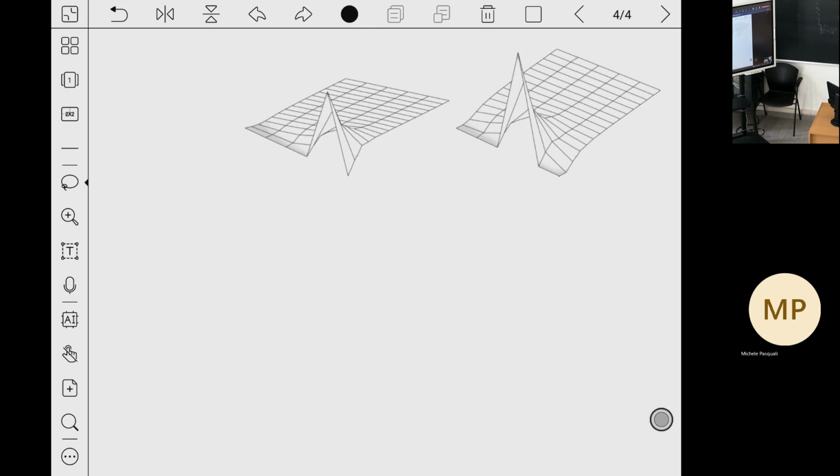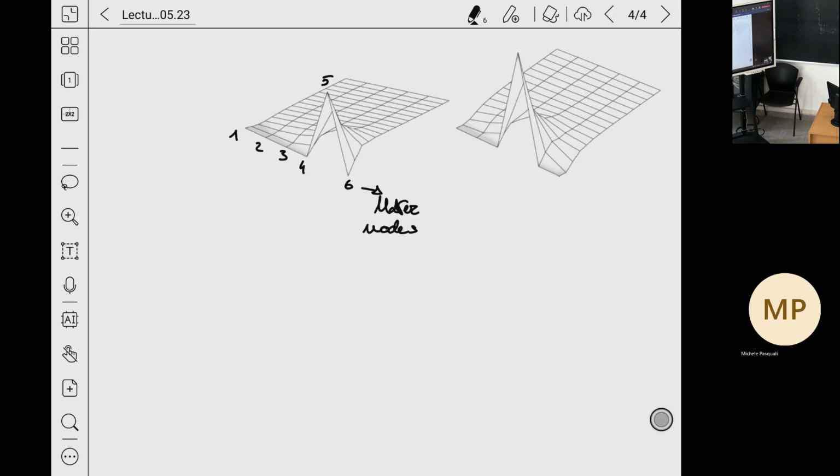So for example, here you have 1, 2, 3, 4, 5, and 6 master nodes. And this is RK of the fifth coordinate. You see, because it's 1 in correspondence of the fifth master node, and it's 0 everywhere else.